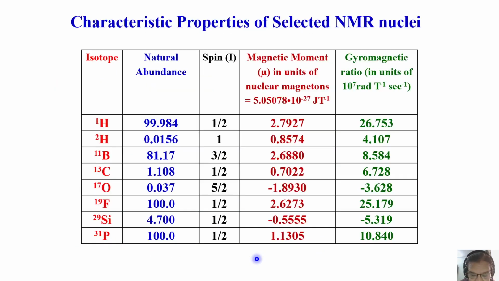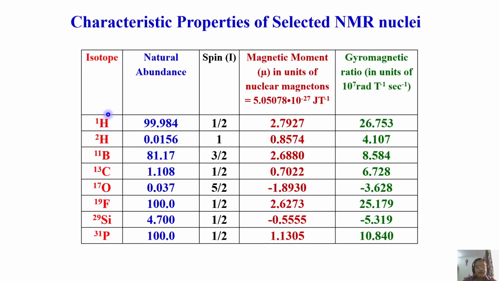So let us see some characteristics of the different nuclei. I have made a list here. Let us go through a couple of them. There are five columns and several rows, different nuclei with their properties. Concentrate on proton. Proton is a hydrogen isotope.